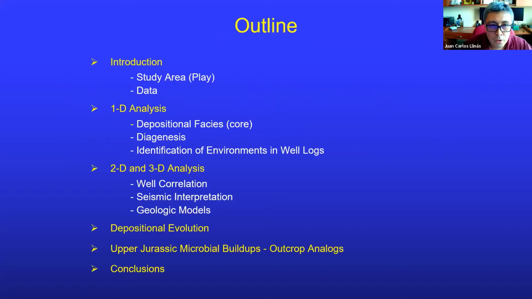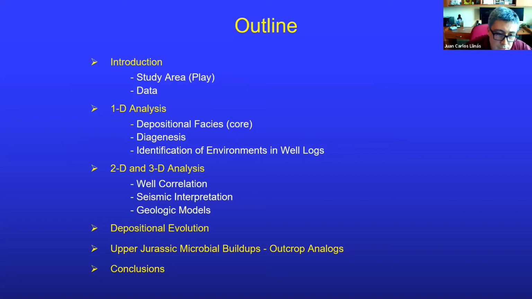Here's the outline of the talk. We will start with an introduction that talks about the study area and the data available for this study. Then we will talk about the depositional phases that identify the different depositional sub-environments. Then we will move into the diagenesis, also very important when we talk about carbonates. Then the identification of these environments in well logs, so we can extend the interpretation to the non-core sections.